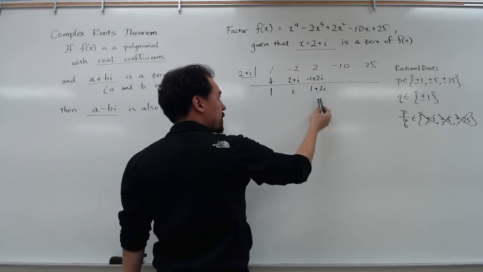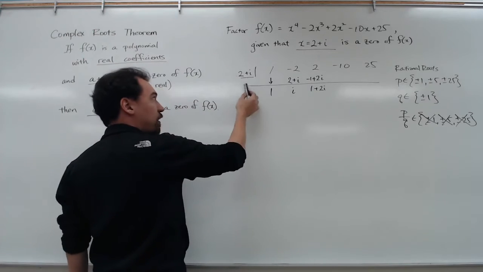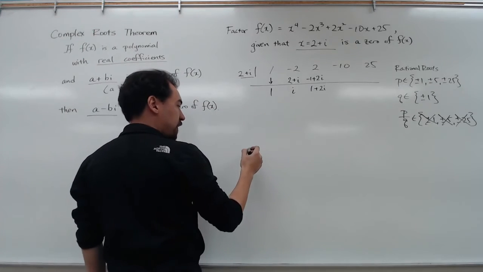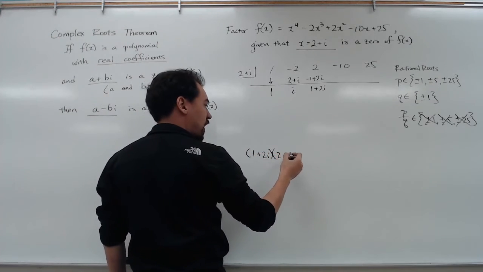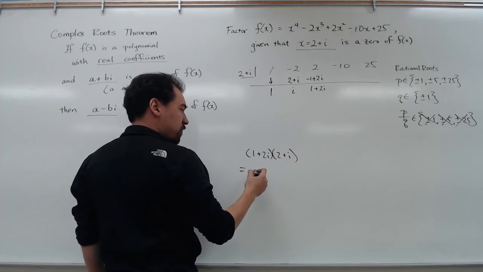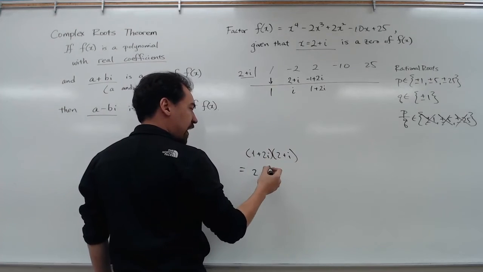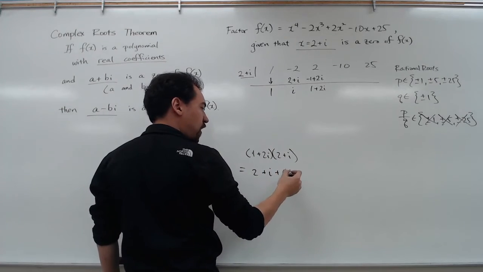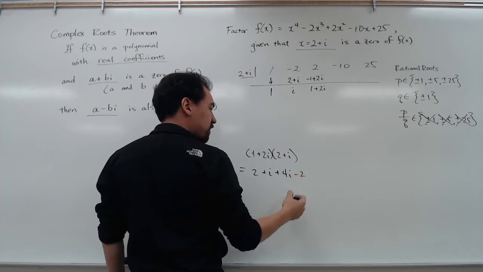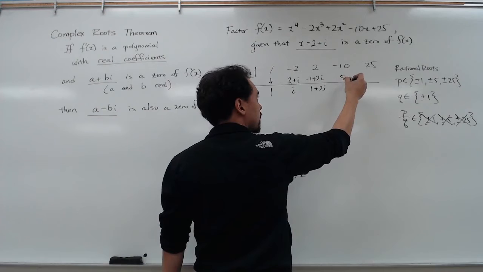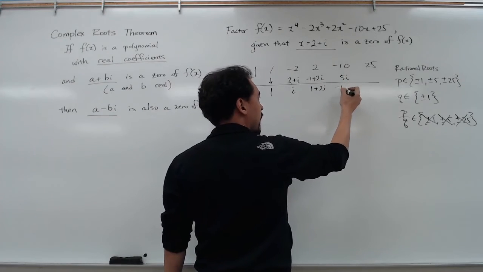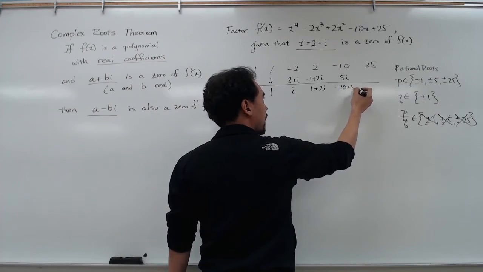So now I'm supposed to take 1 plus 2i and multiply by what's up here. So if I do that real quick, 1 plus 2i multiplied by 2 plus i is going to get me 1 times 2 is 2, 1 times i is i, 2i times 2 is 4i, and 2i times i is negative 2. Negative 2 and positive 2 cancel, and I get 5i. So if I add those together, I get negative 10 plus 5i.